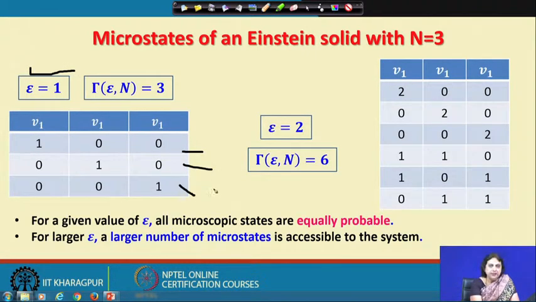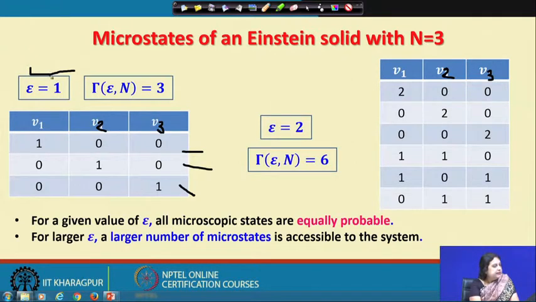Now, is there any reason why one of them, this is V2 and this is V3, why any of the microscopic states are going to be any different from the others? The answer is, we do not have any information on that. So, a priori we are going to assume that all the 3 microscopic states are equally probable.